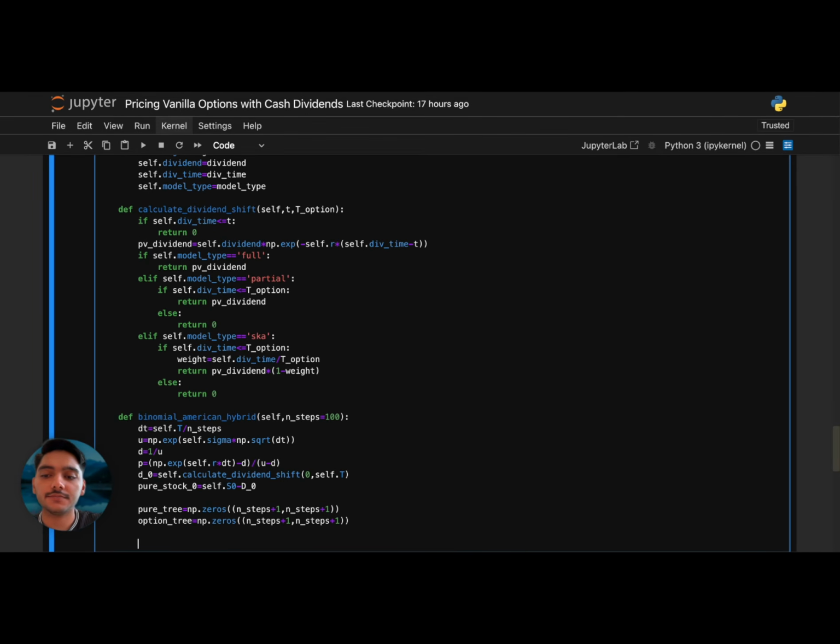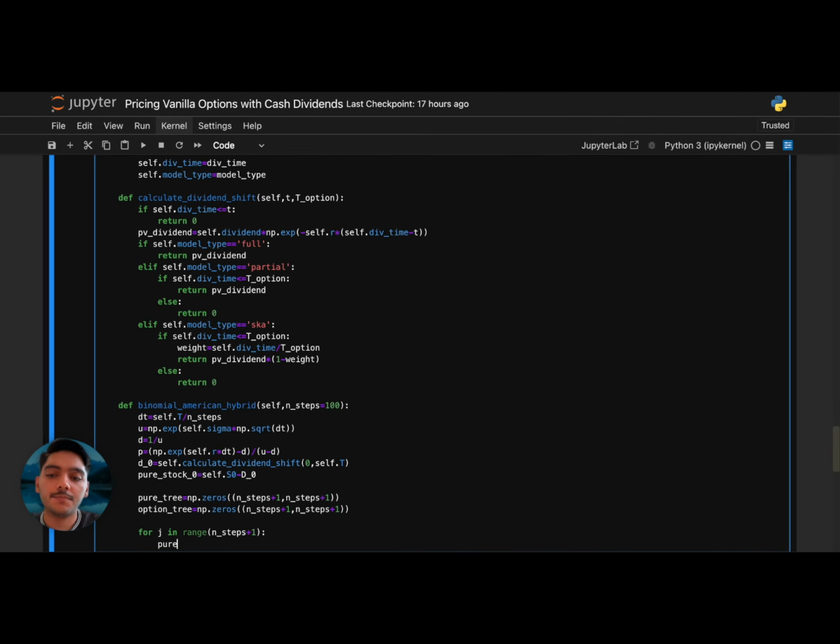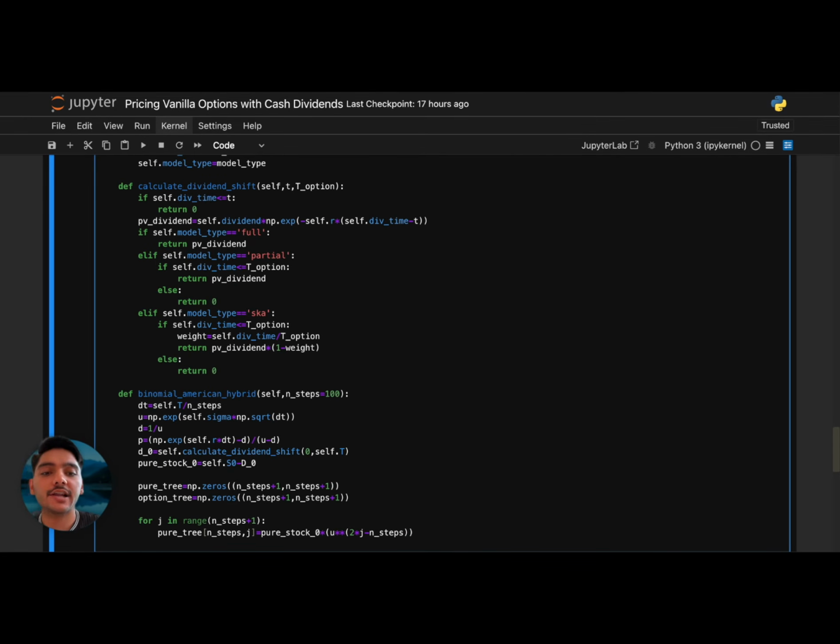So it will become something like: for j in range n_steps plus 1, pure tree n_steps, j is equal to pure stock 0 into u to the power 2 into j minus n_steps. And at maturity we will calculate the final strike adjustment.